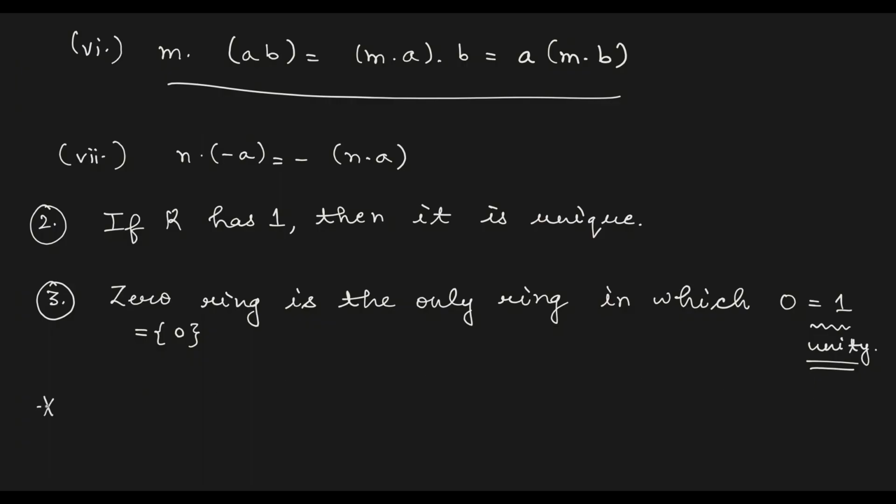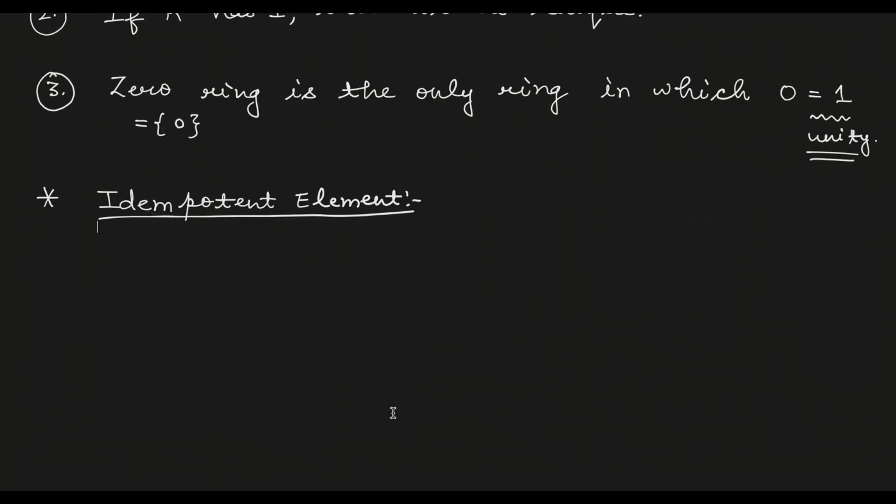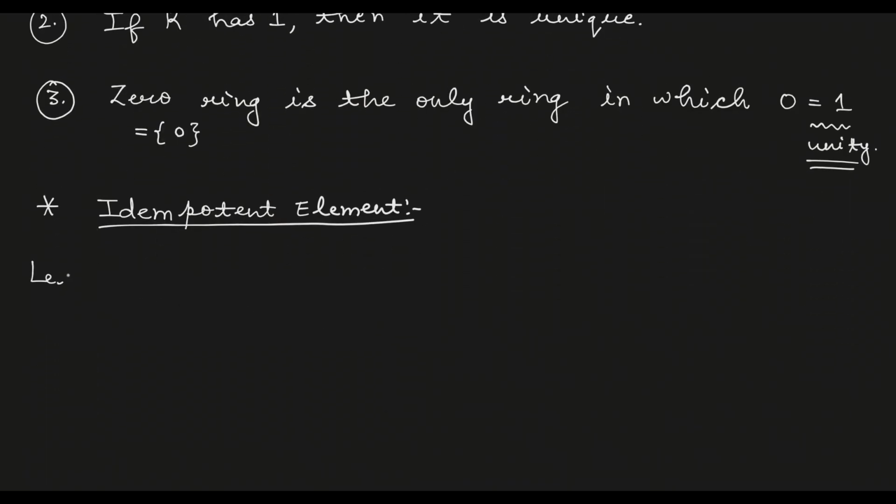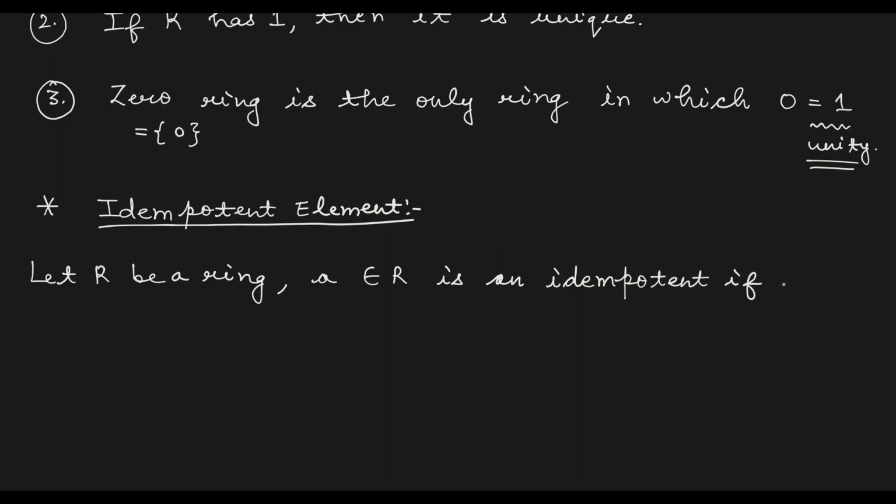नेक्स्ट, idempotent element. Let R be a ring, a belongs to R. This is an idempotent if a square is equals to a.